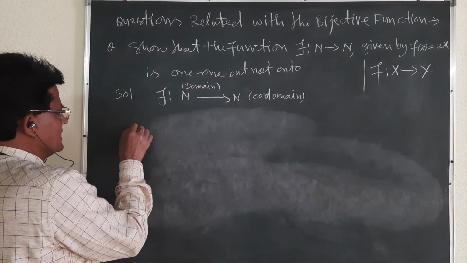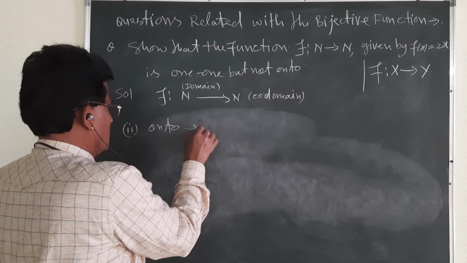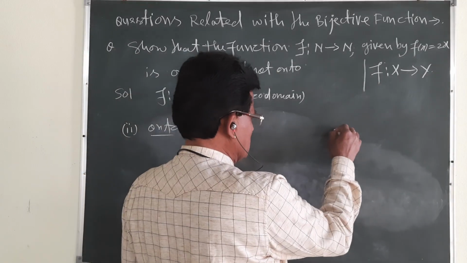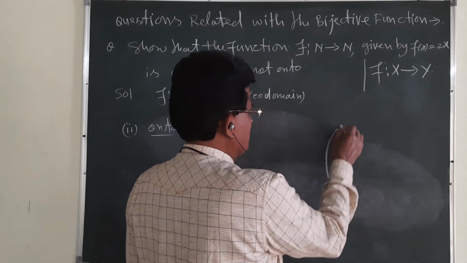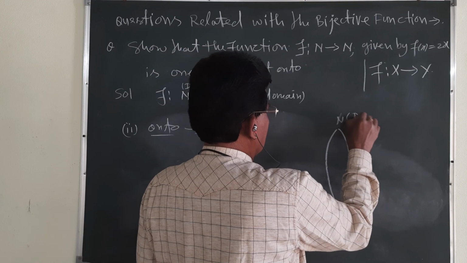Next condition, second case will be onto. Regarding the onto, I have discussed, I will draw the figure so that you will understand. Dear student, see, that is N. What N? Domain.